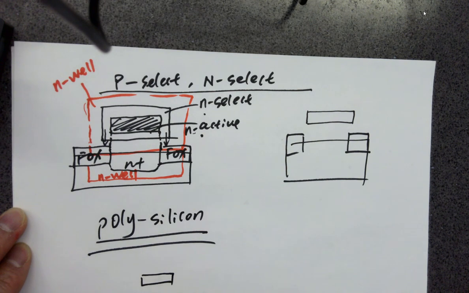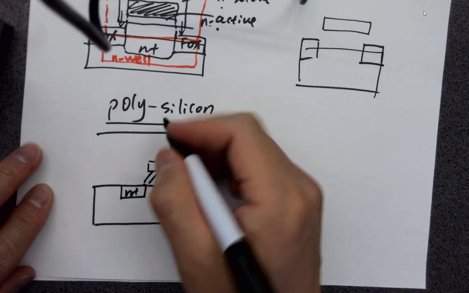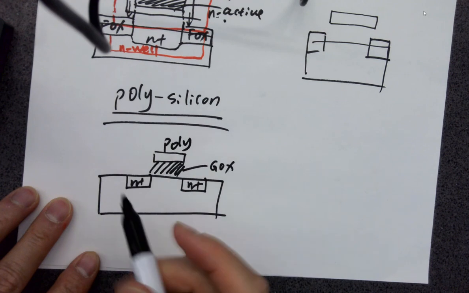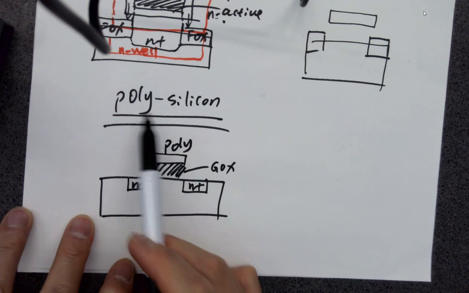It's a gate, it should cover the entire channel. And here's another layer called gate oxide. Not really, we can't see it. Okay. Gate oxide. Two more minutes, just finish all these polysilicon layers, and we'll be done.